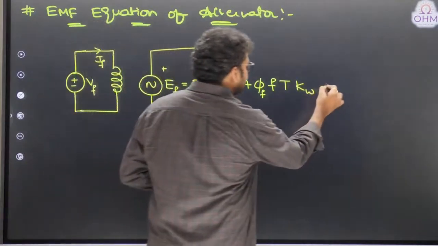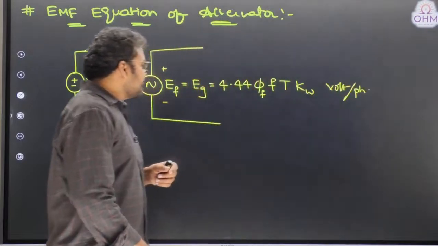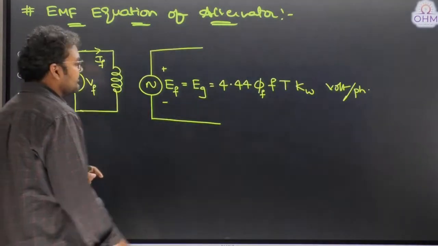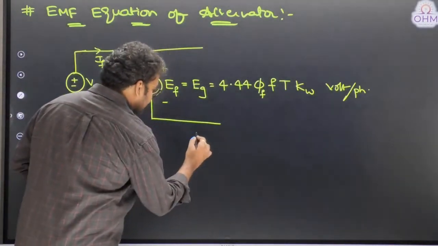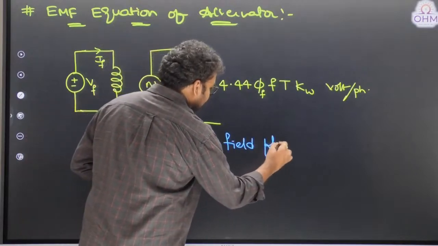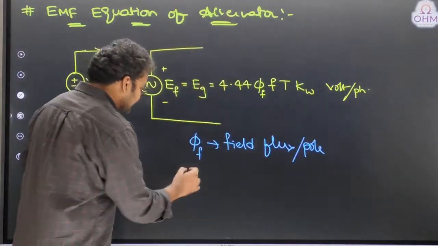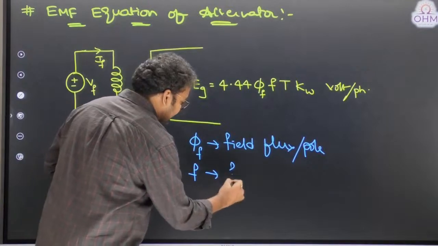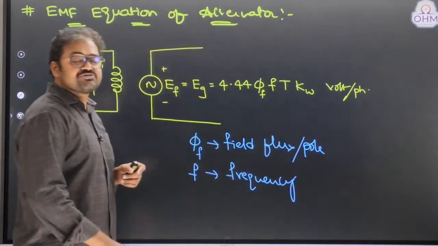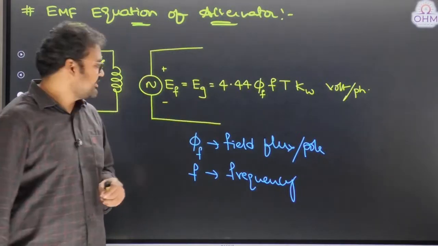Remember this is the voltage induced per each phase, and we need to understand what each term is representing here. The phi f value here is representing field flux per pole. And f is representing the frequency of induced EMF. Earlier we discussed the frequency of induced EMF: f is equal to P into N by 120.